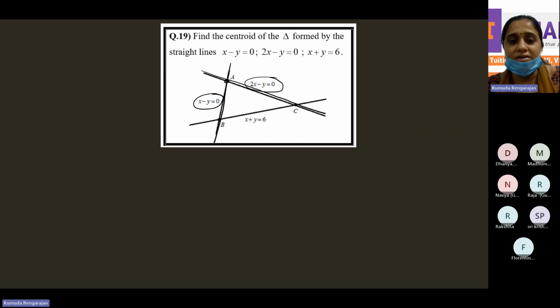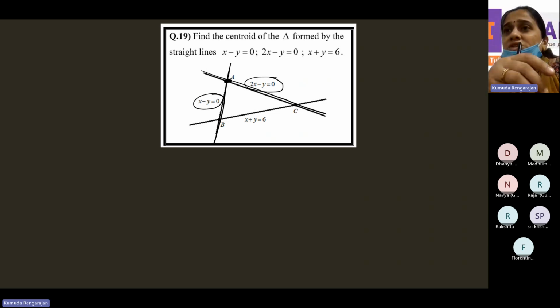They intersect here, right? Now, when we solve two equations, go back to the chapter on a pair of linear equations in two variables x and y. When you solve a pair of equations, you get a solution set, x is equal to something, y is equal to something. What is that? That's the solution to the two equations. And what is that solution?